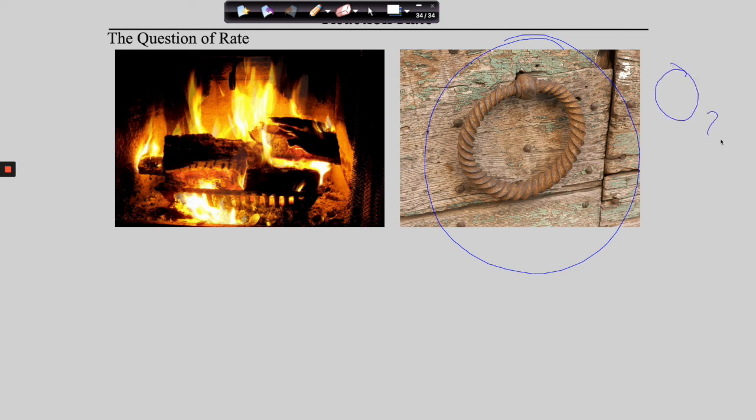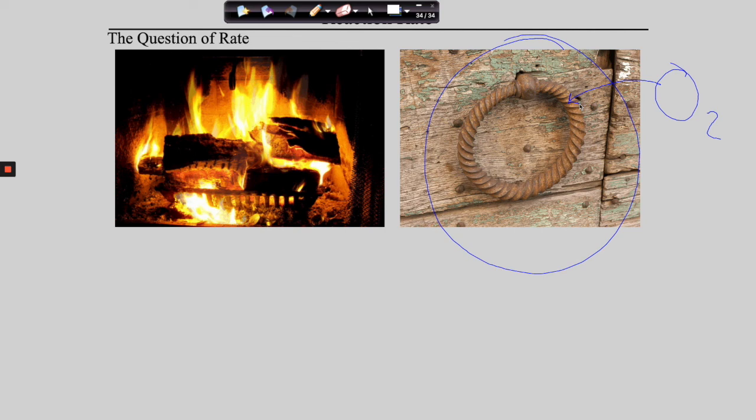Guys, this ring is surrounded by oxygen. But remember, for the reaction to happen, the oxygen has got to be able to hit the iron. But guys, when the oxygen hits the ring, do you see that it's not hitting the iron? Actually, what it's hitting is the iron that is already rusted. As metal rusts, it actually becomes coated in rust. And that rust keeps the metal underneath from being hit by the oxygen.